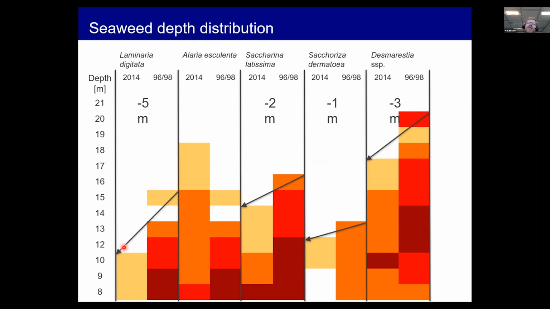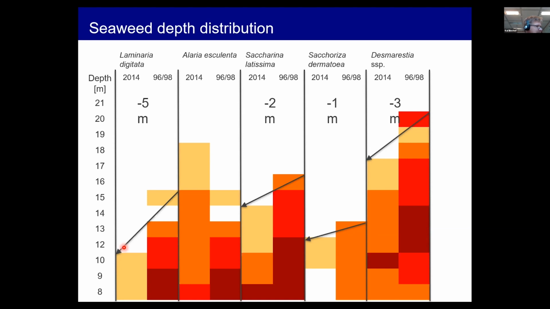That means that in deeper waters, the primary producers have too little light available to drive photosynthesis and to sustain themselves, so they have to migrate upwards. This is a pattern which is continuously observed. The first indications from our new survey show that this trend is continuing.